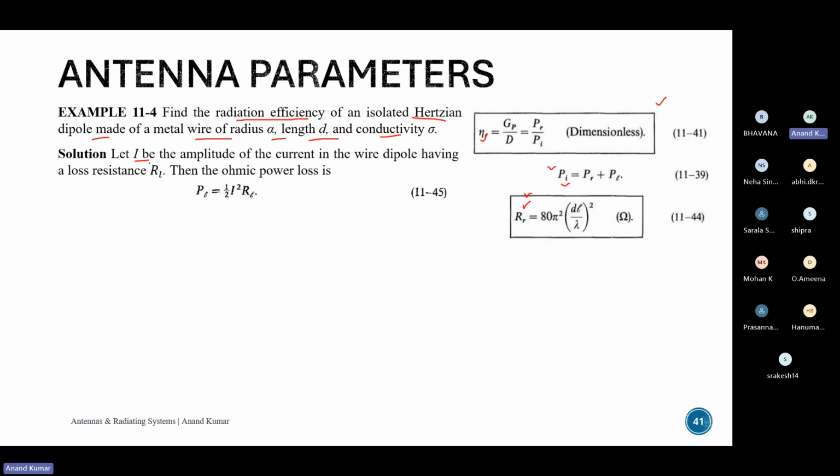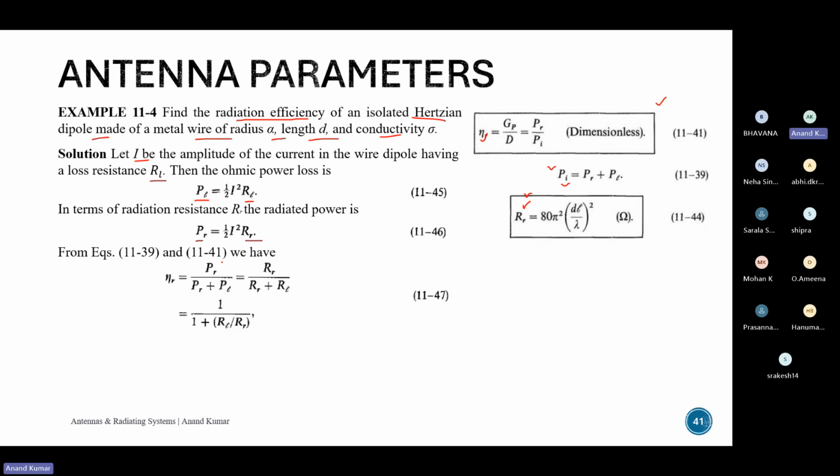Let I be the amplitude of the current in the wire dipole with loss resistance RL. The power which is lost is given as half I squared RL, the loss resistance. Similarly, the radiated power is half I squared times the radiation resistance.